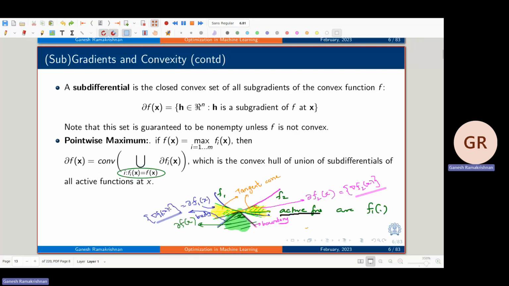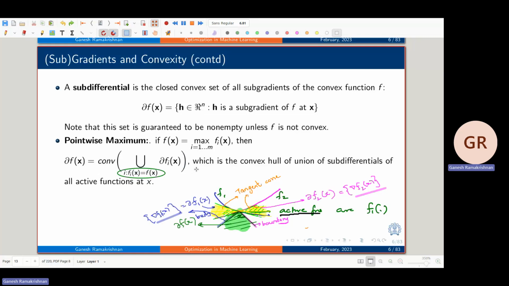So here I've tried to show this. Look at all the i where fi x equals fx. In this case, I again shown the same f1, f2. But for all those where they match, only those you have to consider for the subdifferential. If only one of them is the max, no problem, it's the gradient. So this definition is general.